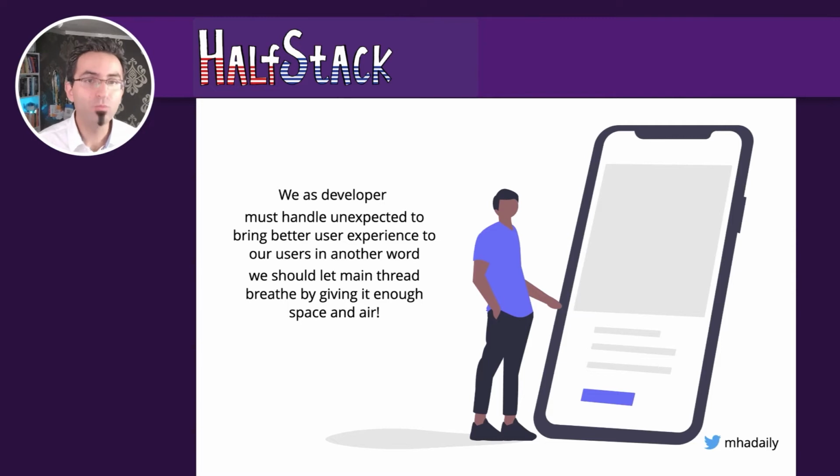We as developers are responsible for doing such things. So we need to let our main thread have enough space and air to just run the task. And if there's not enough space, we need to use other tools or other APIs or other threads to relieve these tasks from the main thread to that other thread, right?